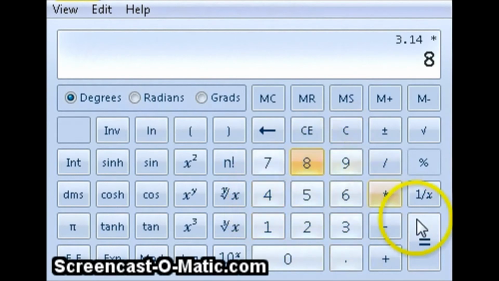I didn't think you would have seen that. 3.14 times 8, 25.12. Times 9, 28.26. Okay, now that we've done that, you can use this for statistics.